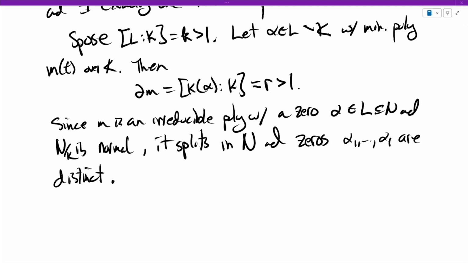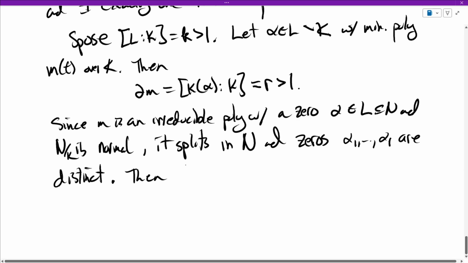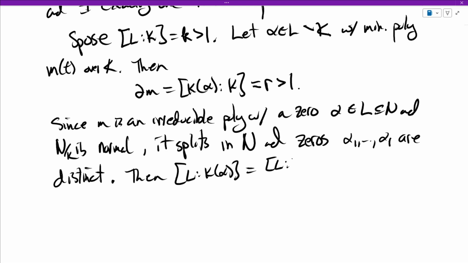Okay, so then the degree of L over K adjoin alpha is just the degree of L over K divided by the degree of K adjoin alpha over K. And that's going to be k over r. Let's call that s. What do we know? We know that r is bigger than 1. So we're dividing k by something that's bigger than 1, so this quantity is less than k.